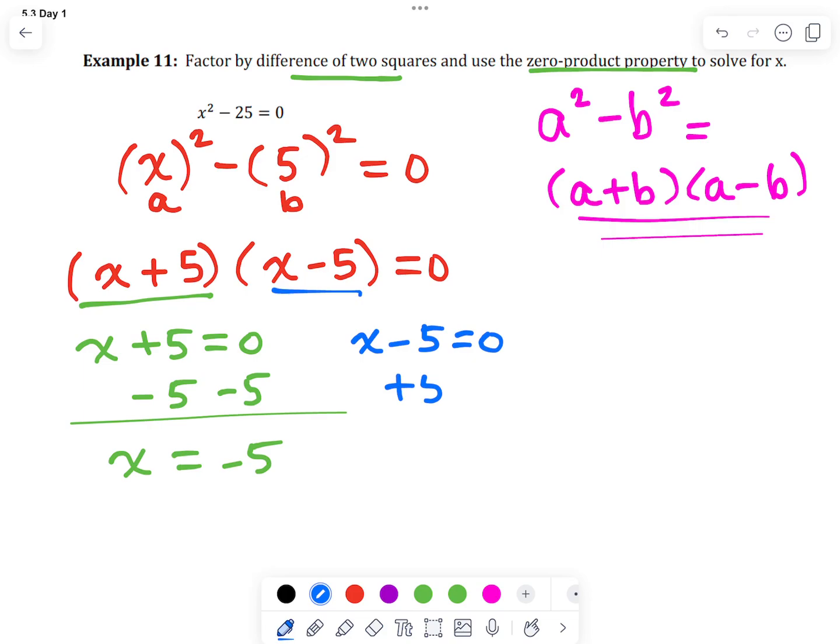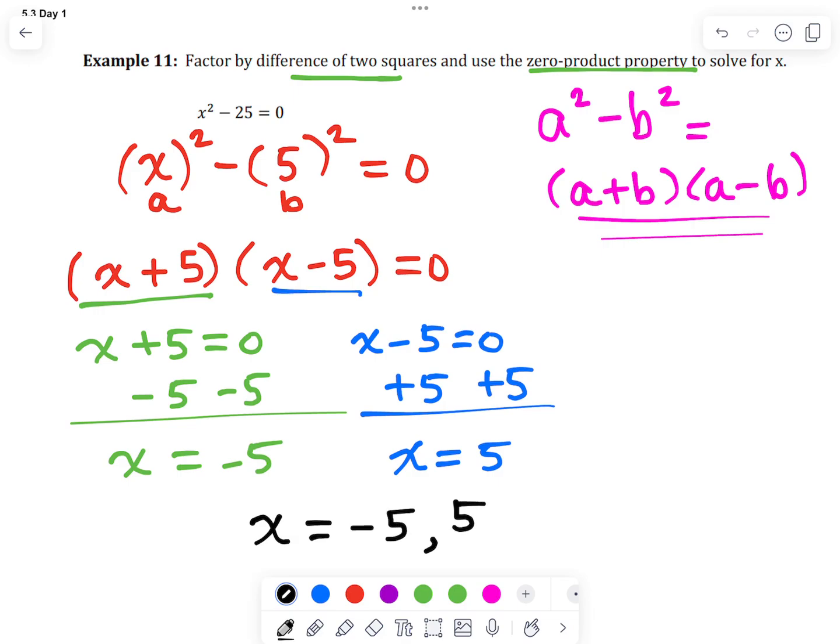We add 5 to both sides, and we get x to be 5. So these are what we call the zeros of the function. So we write the two answers together. We have negative 5 and positive 5. These will be our x-intercepts when we graph the function.